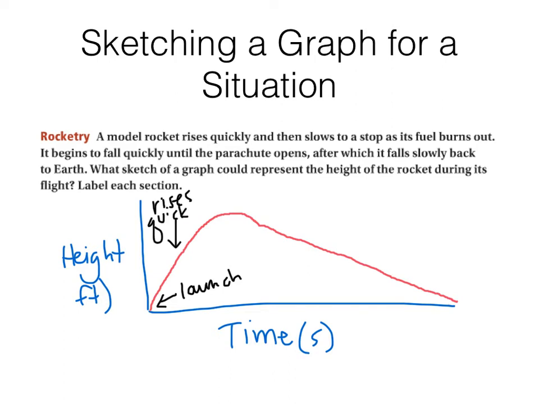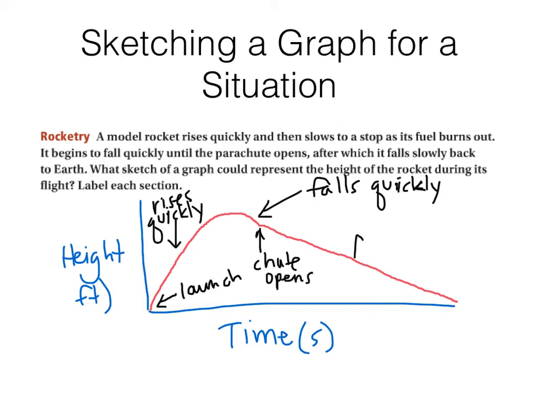And then after that, what happens next? Well, it starts to fall quickly, but the parachute opens right there. So the chute opens, and the rocket then falls steadily back down to Earth and hits the ground.